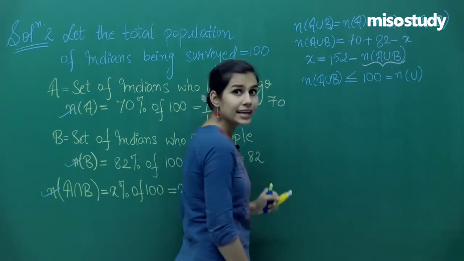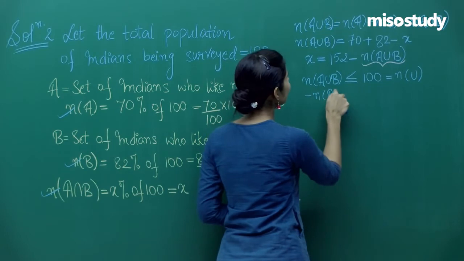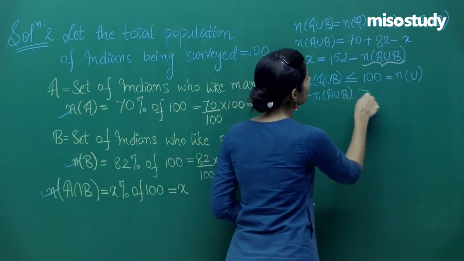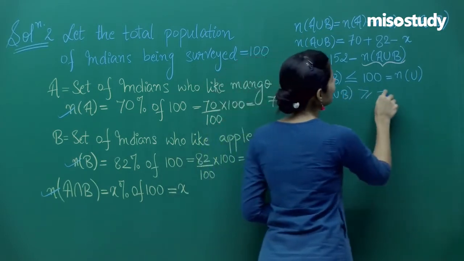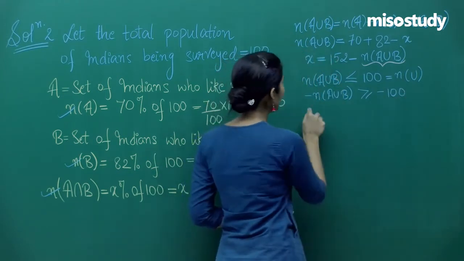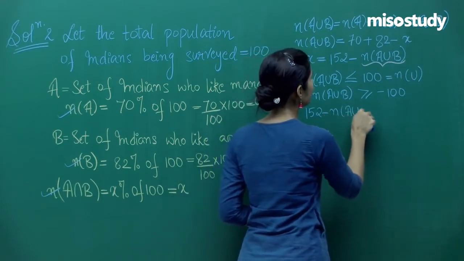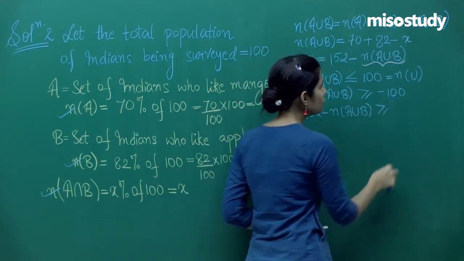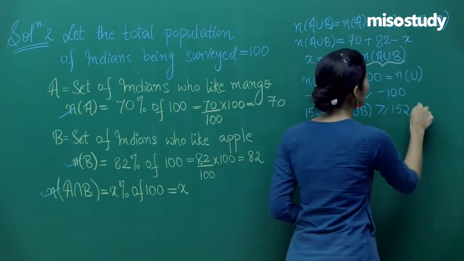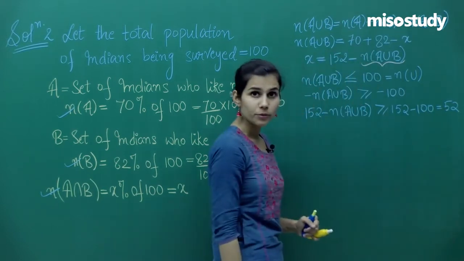Now, what do you think minus of this will do? Minus of number of members in A union B is going to reverse the inequality sign and give us a minus 100 here. Now 152 minus this, so 152 minus number of members in A union B will be greater than or equal to 152 minus 100, which is 52.